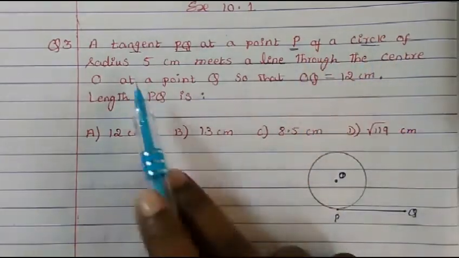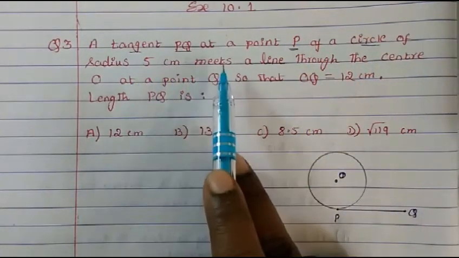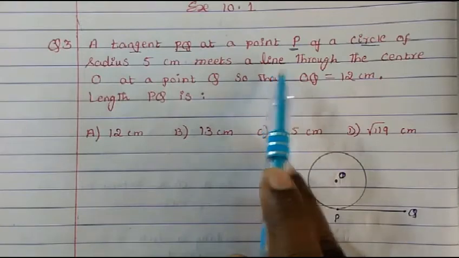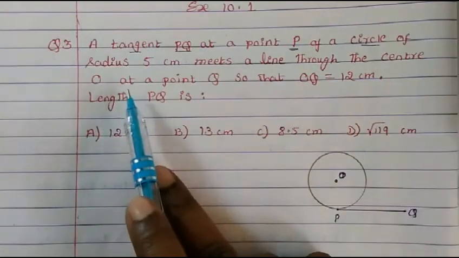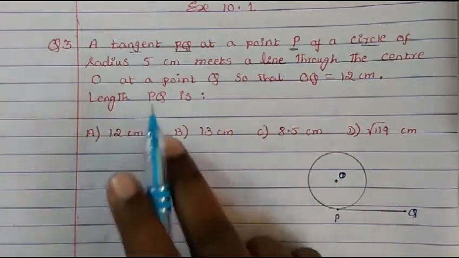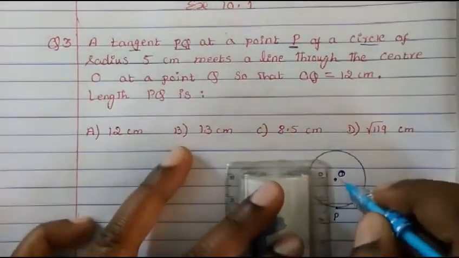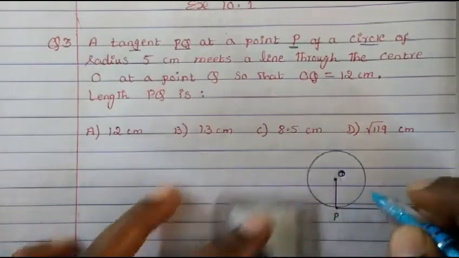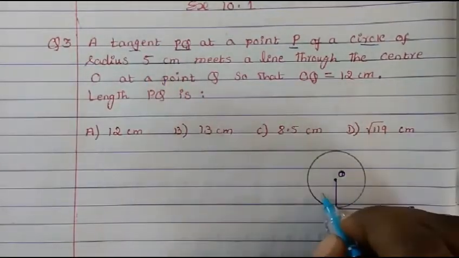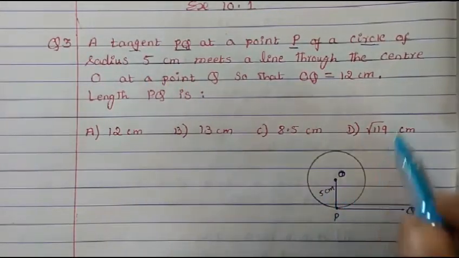The tangent of a circle of radius 5 cm meets a line through the center O at a point Q. So there is a radius, and we have to draw it. The radius is 5 cm.